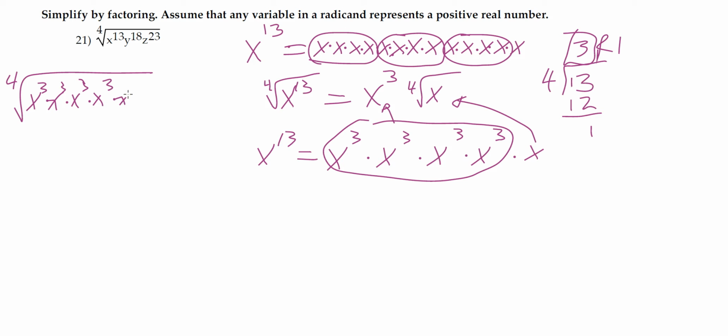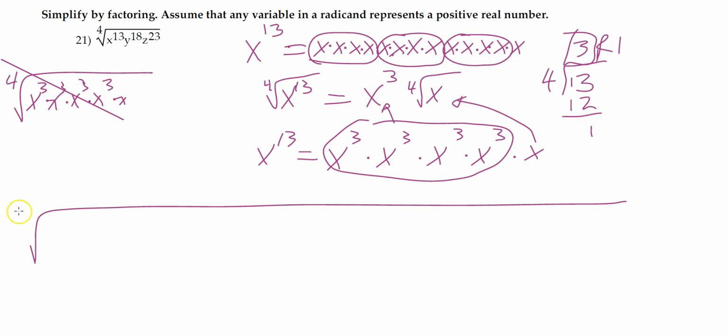Now I'm thinking I need to redo this on the bottom. Lots of room. Okay, x to the 13th. We have x cubed, and x cubed, and x cubed, and x cubed, and a single x.